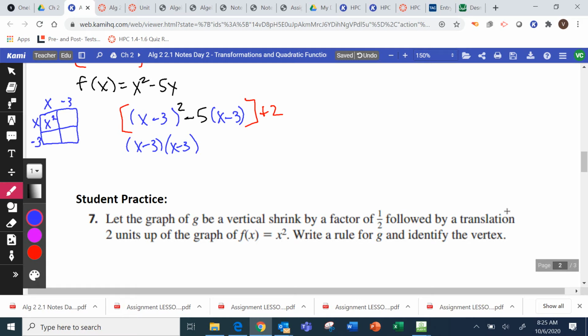In this second box over here, if I do x times negative 3, I get a negative 3x. Down here in this box, I'm going to do x times negative 3, so negative 3x. And then in the far bottom right box, I do negative 3 times negative 3, which is positive 9.